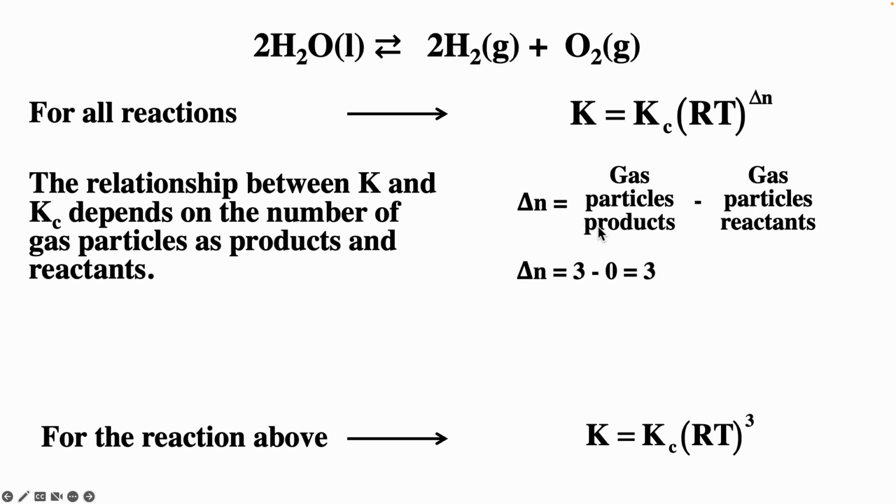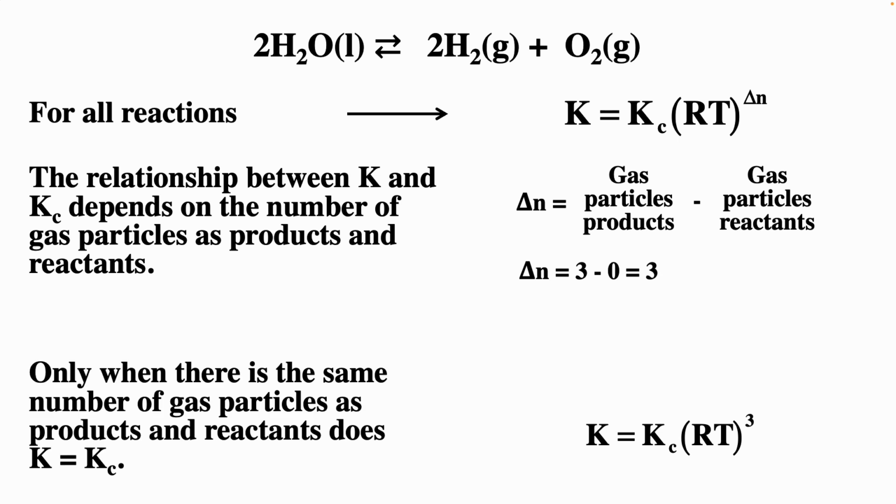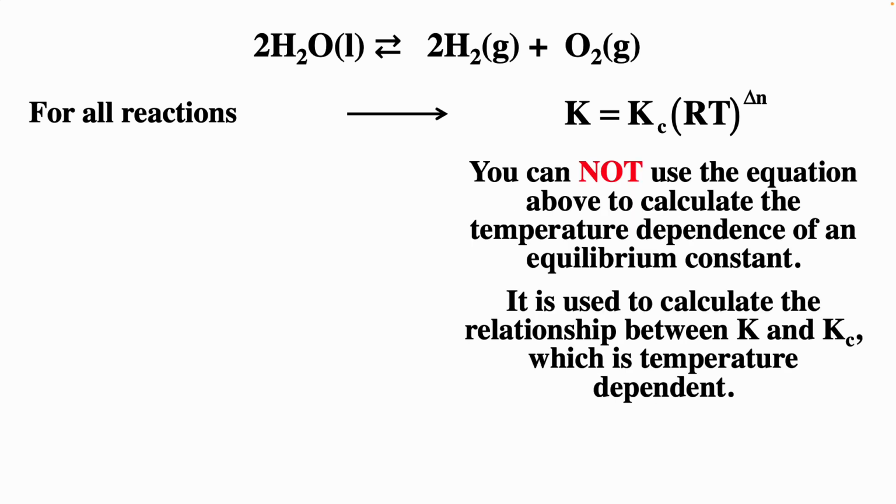And so you get 3 minus 0 gives us 3. And that gives us K equals K sub C times RT cubed. And again, remember that K equals K sub C only when you have the same number of gas particles, products, and reactants. And again, this equation does not tell you the temperature dependence of equilibrium constants. It's just that the relationship between K and K sub C is temperature dependent.